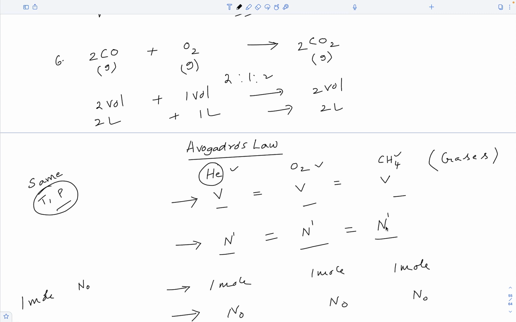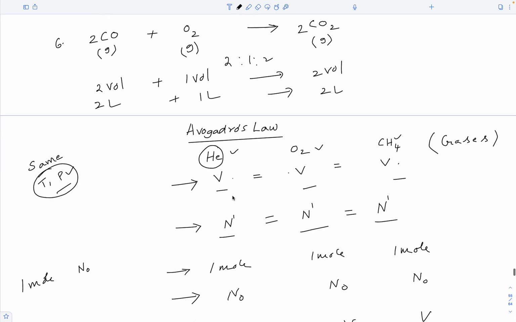So, equal volumes of different gases at the same temperature and pressure contain an equal number of molecules. Then the converse also must be true. If you take an equal number of molecules of different gases at the same temperature and pressure, they must have equal volumes. And we know 1 mole of any substance, whether it is a solid or a liquid or a gas, contains an Avogadro's number of molecules.